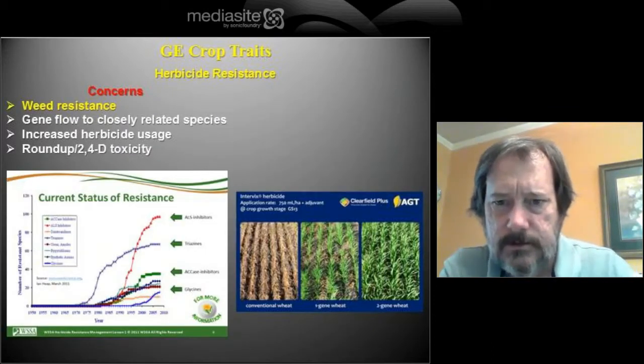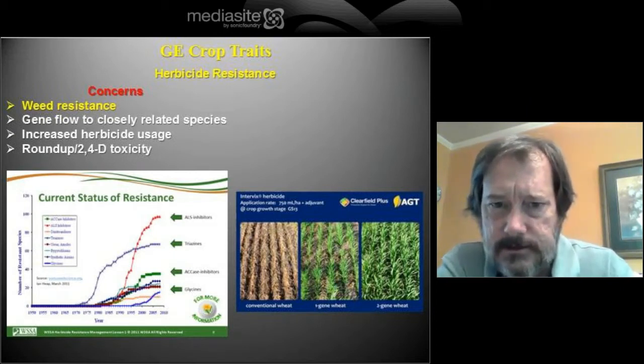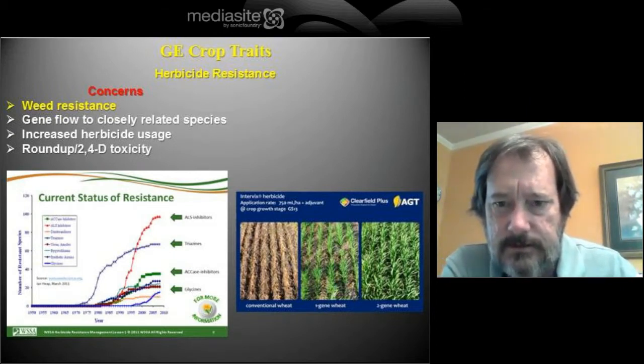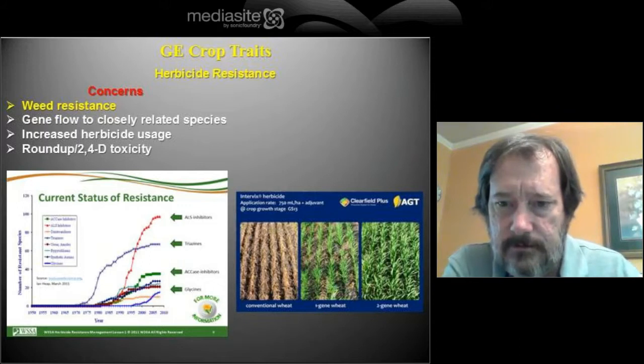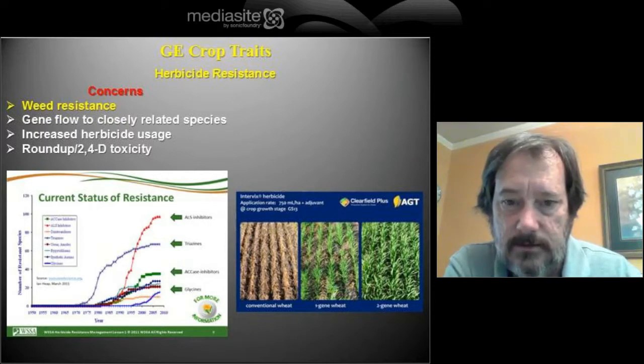Now, one of the concerns that we hear about with herbicide-resistant traits is weed resistance, and you've probably heard it referred to in the media as superweeds. Now, superweeds is a new term. I never heard of that term until we had genetically engineered crops, but weed resistance is not new to agriculture. Weed resistance has been around ever since we started using herbicides.